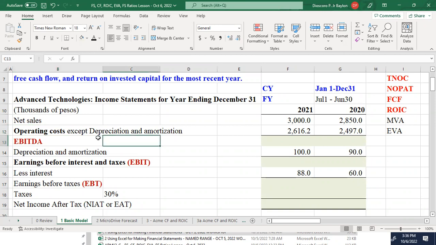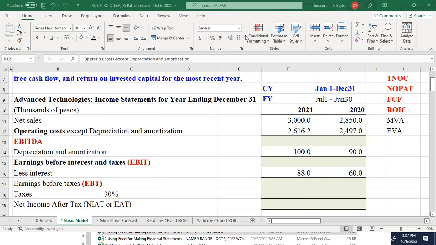Kasi, when do you have depreciation, guys? In what instance will you have depreciation expense? Anyone, please? Saan ginagamit si depreciation? If the company has what? Waiting for your response, guys. I'm sure you know that. I'm sure you know the answer to that one.